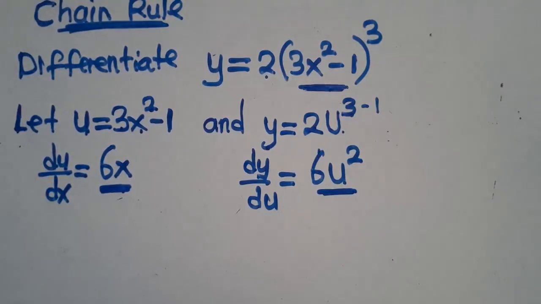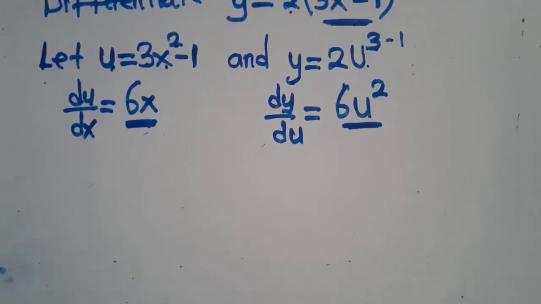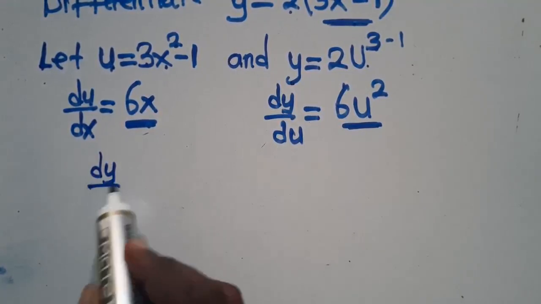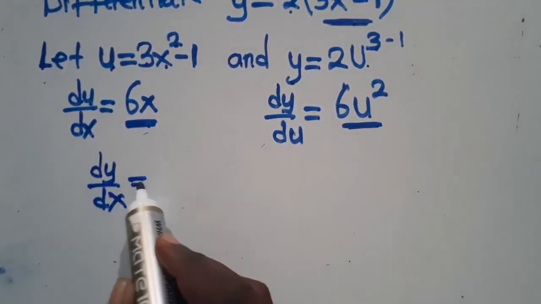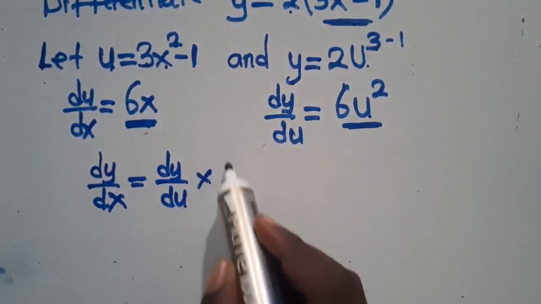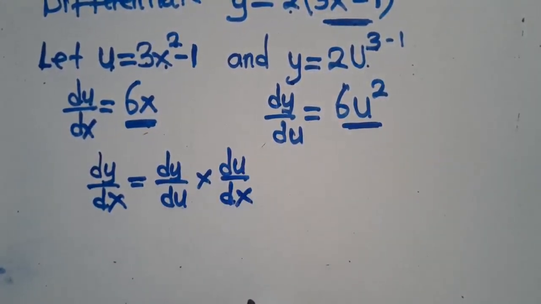You now write the formula nicely. So make sure you follow this. You say the formula is dy/dx is equal to dy/du times du/dx. This is the formula.